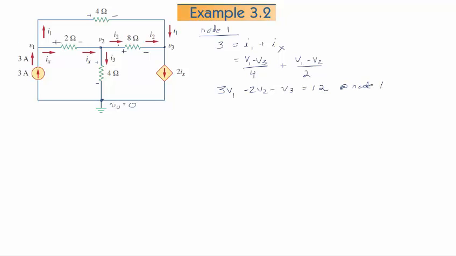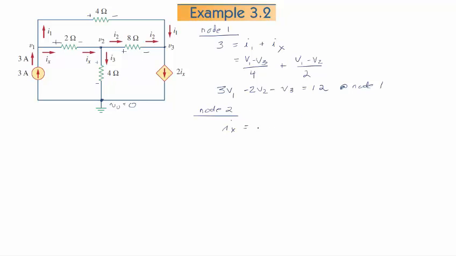Now I have 1, 2, 3, 4 nodes, which means I need 3 node equations to solve this problem, and there will be 3 unknowns, which are V1, V2, and V3. So let's do node 2. I have IX as it goes in equals out, out.